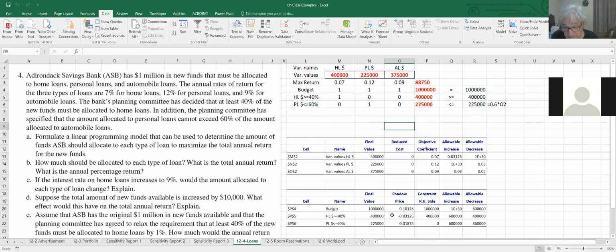What I do next, I'll go back to the PowerPoint where we used to be, and I copied the sensitivity report there because I want you to see what's included in each one. And you see that the information is about the range of optimality, range of feasibility and shadow prices.